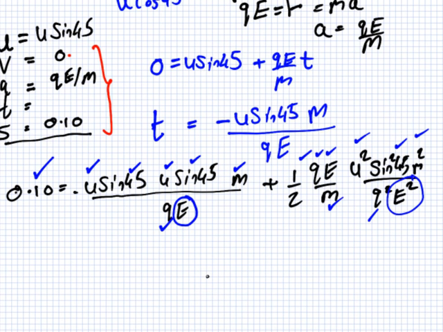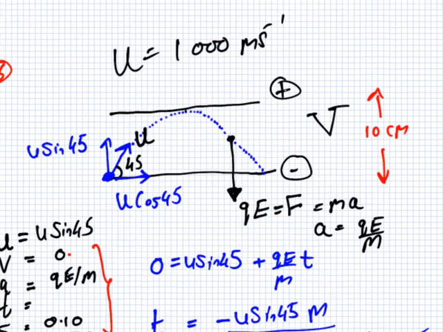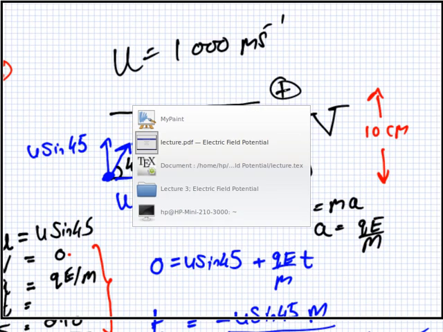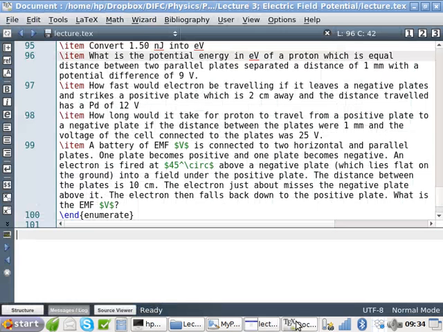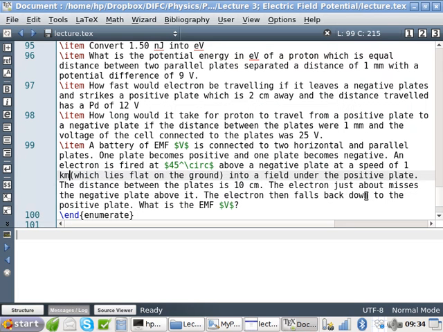I'm going to make up a u, because I didn't give it to you in the question. So we'll say here that u equals 1,000 meters per second. So I better fix that, kilometer per second.